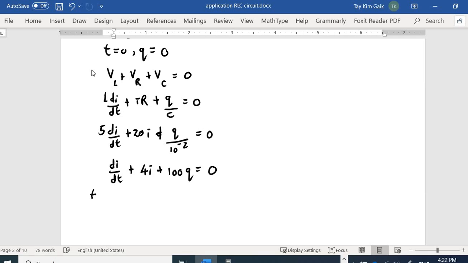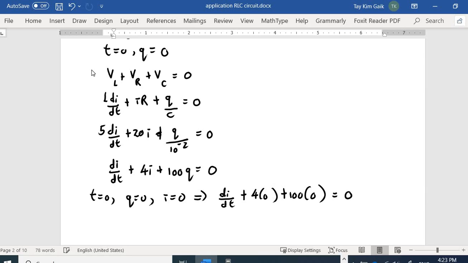Now plug in when t is 0, Q is 0, I is 0. That's why you get dI/dt: this is 4 times 0 plus 100 times 0 equal to 0.